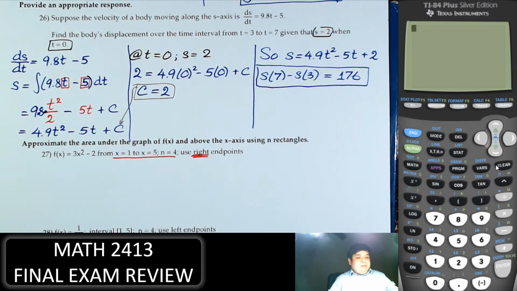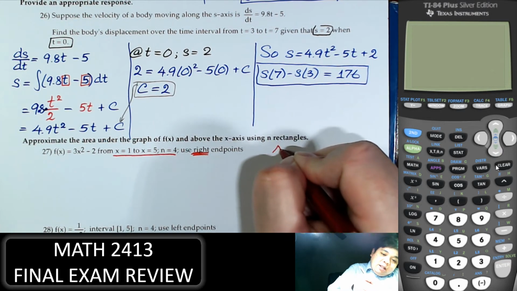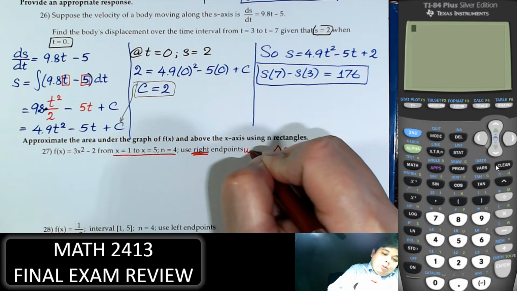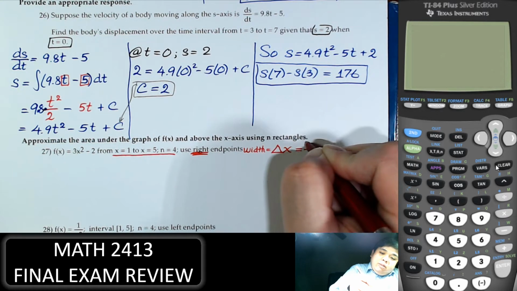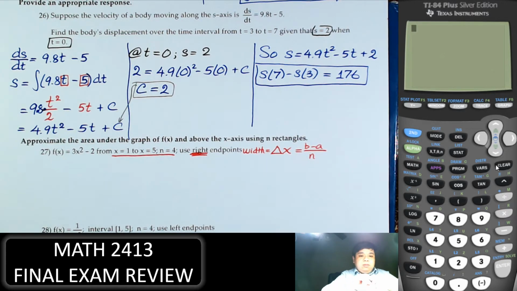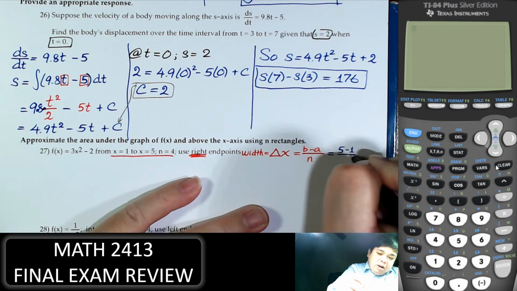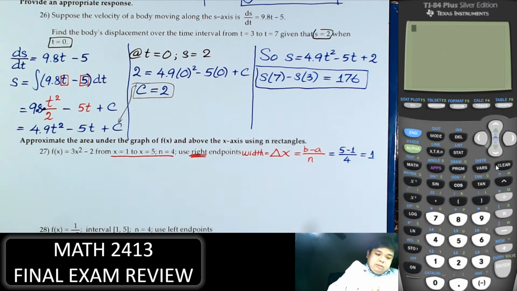So first, delta x, the width, is b minus a over n: 5 minus 1, 4 divided by 4, is 1.